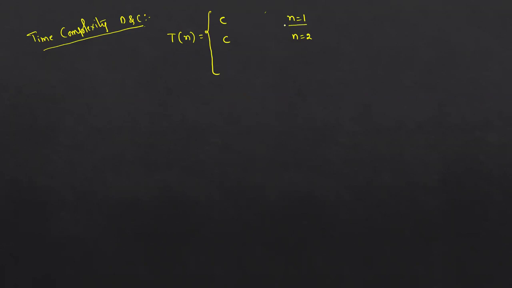If n equals 1, its time complexity is constant. If n equals 2, its time complexity is constant.